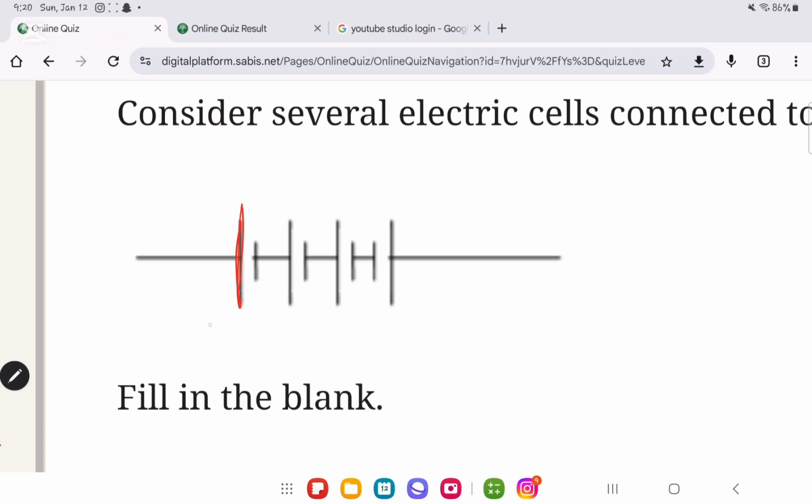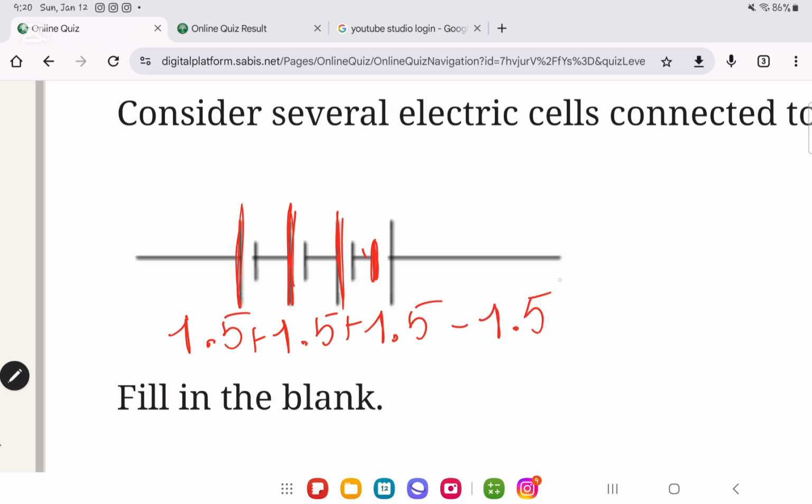So in this case, we have 1.5 because it's facing the positive direction, in addition to, again, it's facing the positive direction, so another 1.5. In addition to this one, again, it's facing the positive direction, so another 1.5. Whereas this one, it is facing the negative direction, that means it becomes negative 1.5.